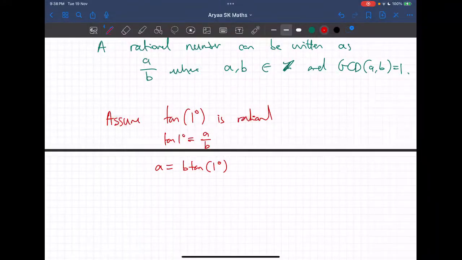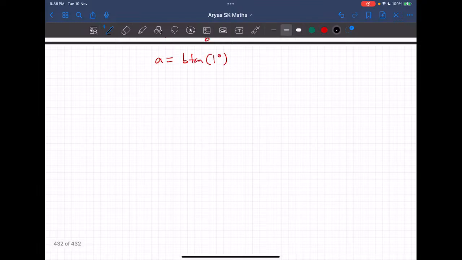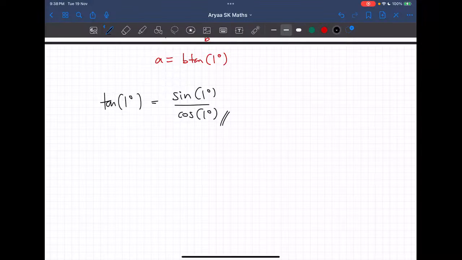But then... We can also use an identity. So we know tan of 1 degree equals sine of 1 degree over cos of 1 degree. And from here, maybe we can use... No.